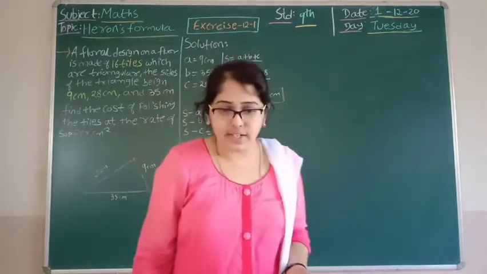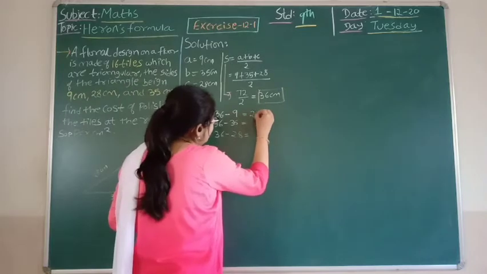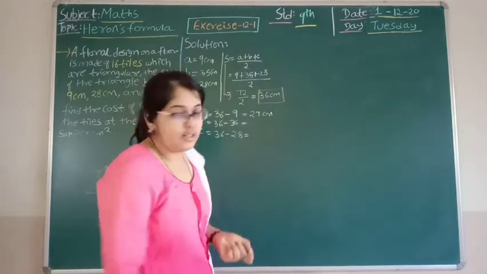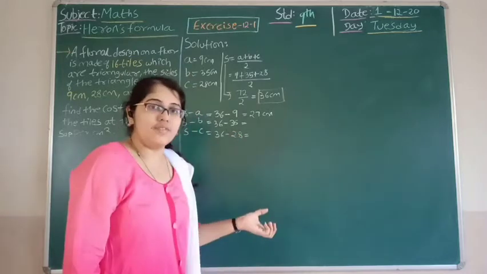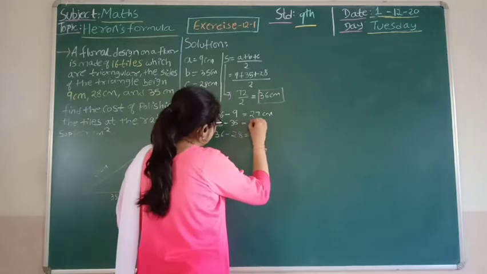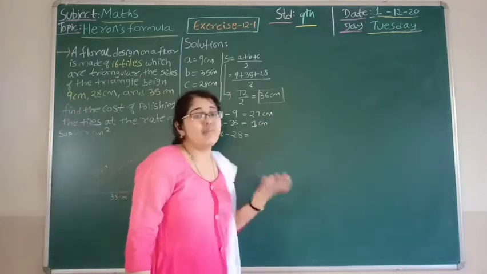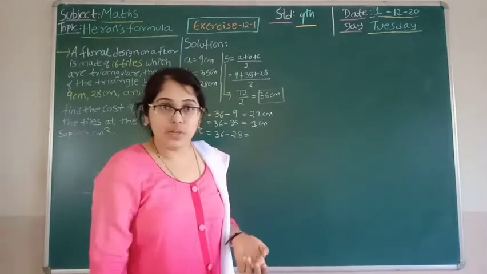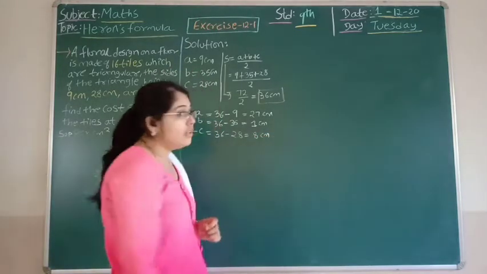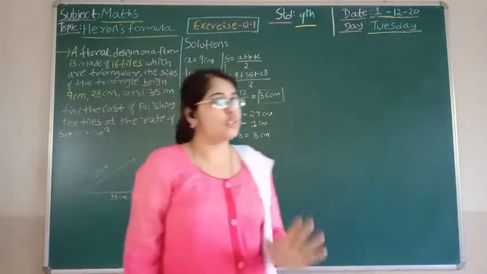So 36 minus 9 is 27 centimeter, 36 minus 35 is 1 centimeter, and the last, 36 minus 28, is 8 centimeter. So I am getting s minus a, s minus b, s minus c respectively.